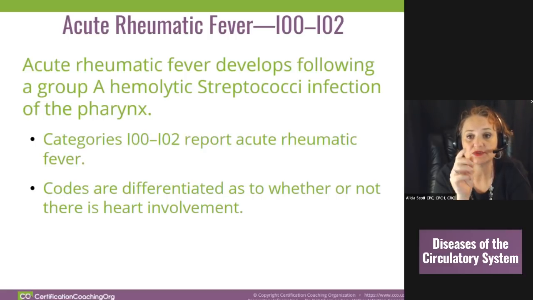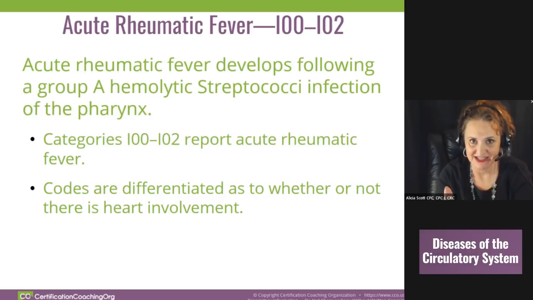You're going to just use the I00 through I02, and it just means acute. Now, can a person have results from rheumatic fever? Yes, they can have sequelae from rheumatic fever. That could be being sterile, being deaf, things like that. But that would be a sequela, a late effect of having a rheumatic fever.